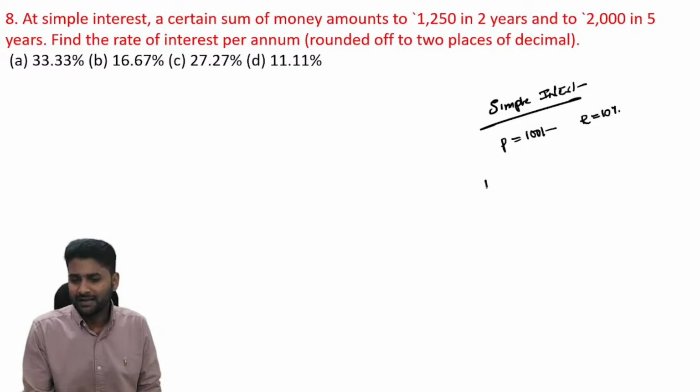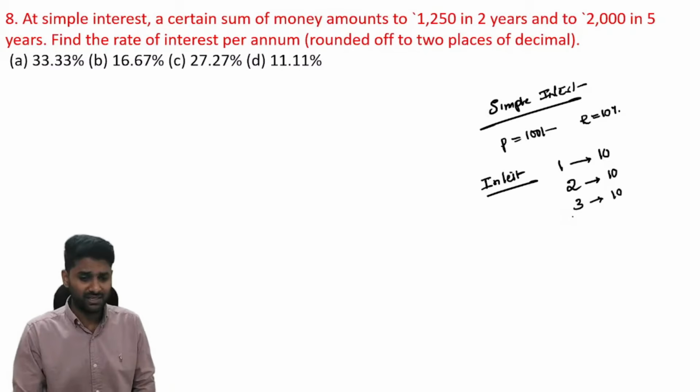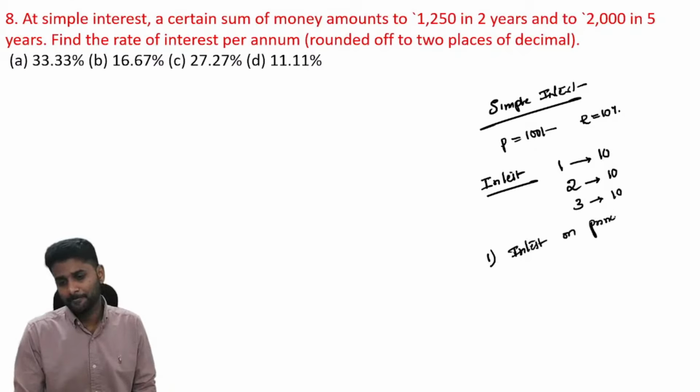Now how much interest do you have to pay in the first year? Interest for the first year, 10% of 100, is 10 rupees. For the second year again it is 10 rupees. For the third year again it is 10 rupees. There is no change in the interest. That is the simple understanding in simple interest: interest is paid on the principal.